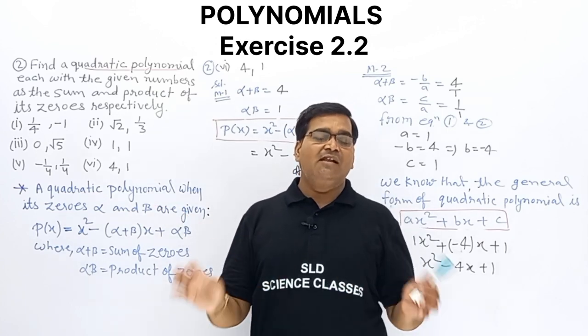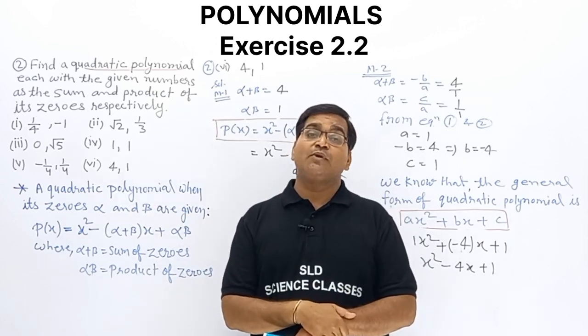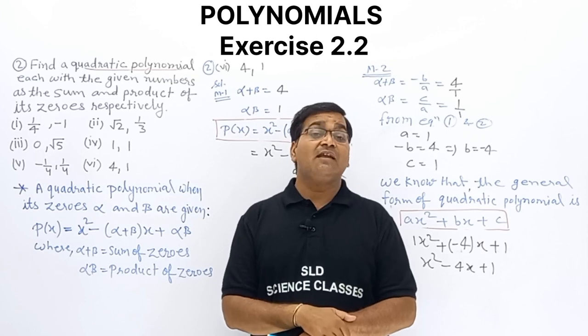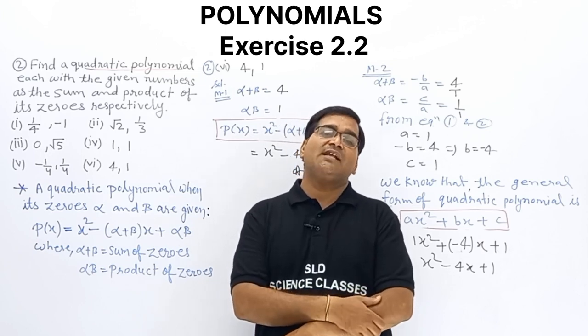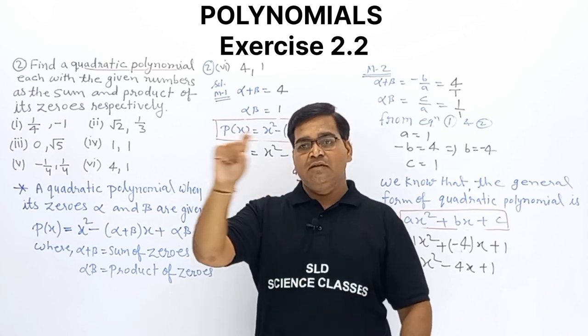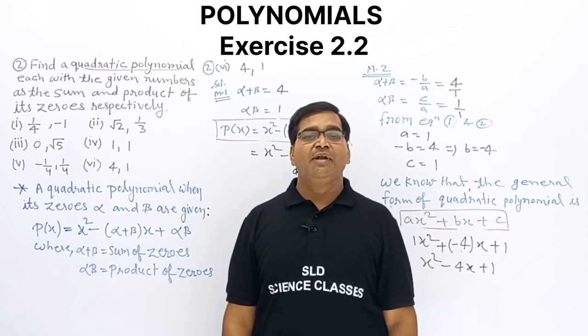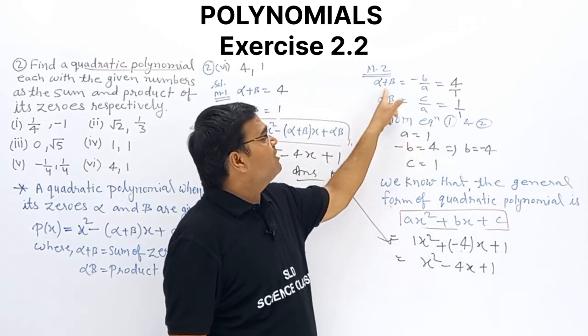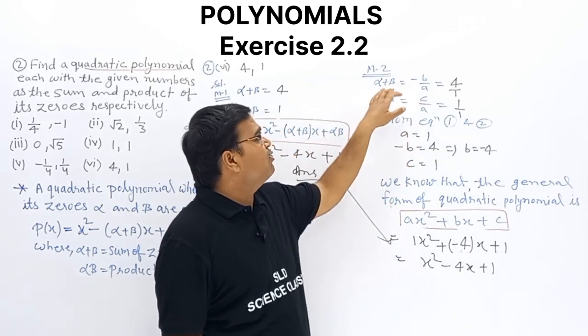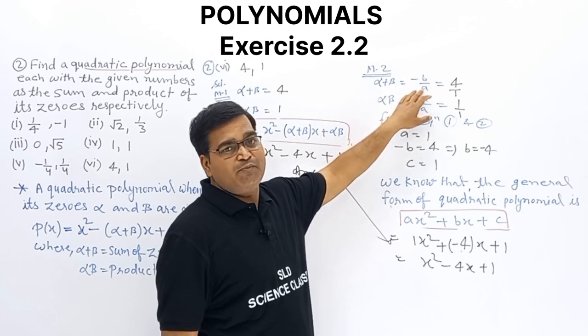If we require to take LCM, take LCM, then discard. In the answer we will not use the LCM. Only we will take the numerator term. And in the other method, we use the basic formula, the relation between the zeros and the coefficients.